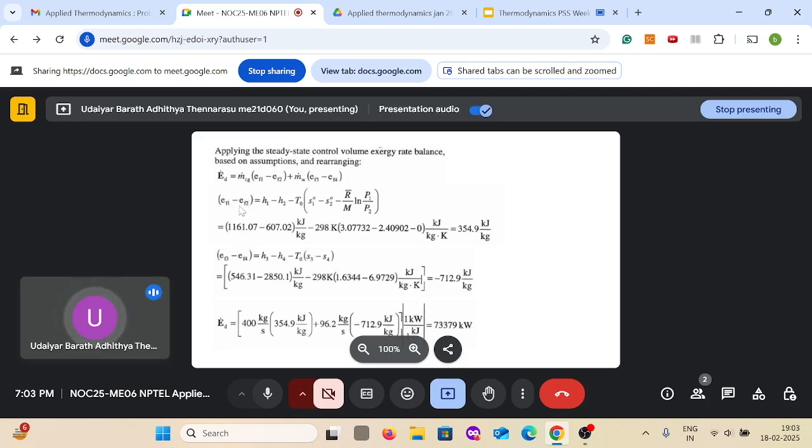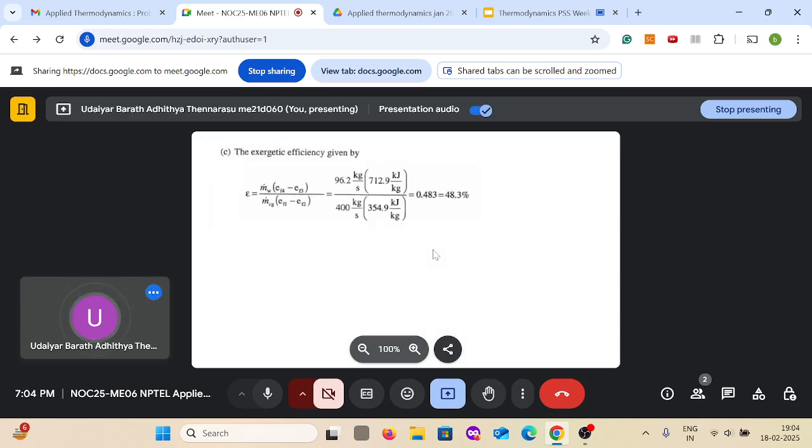So here exergy change of the combustion gas, we are showing as positive because my inlet is at higher exergy, and similarly for water my exit is at a higher exergy because they convert it into steam. So that's why it is negative. So the combined exergy destruction, substituting the values, I get 73379 kilowatts. So that is the exergy destroyed.